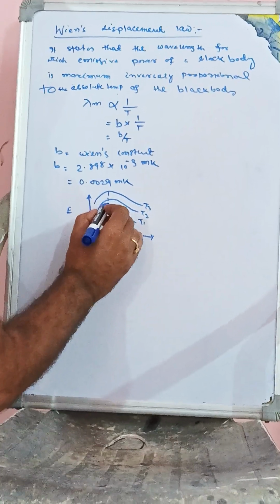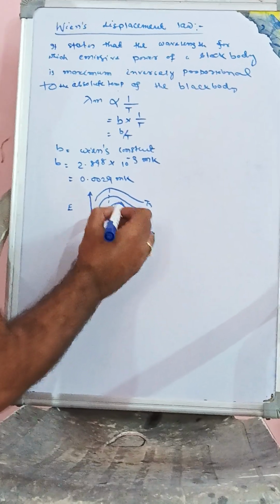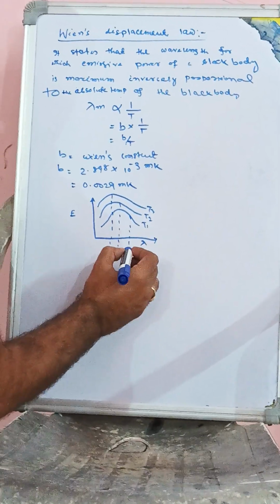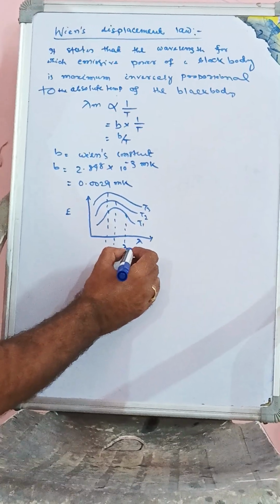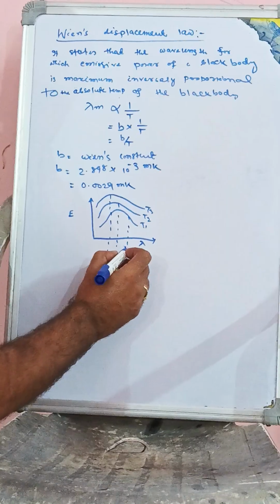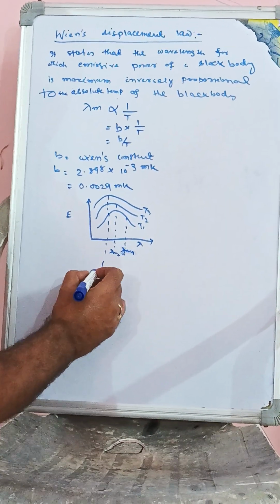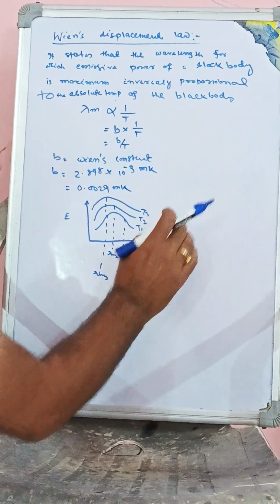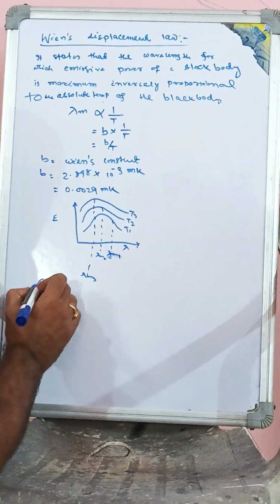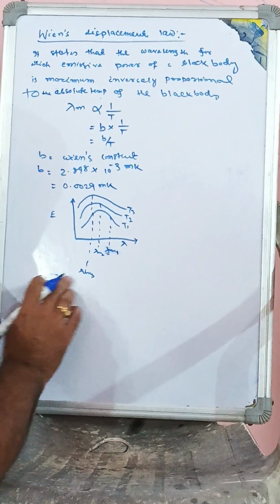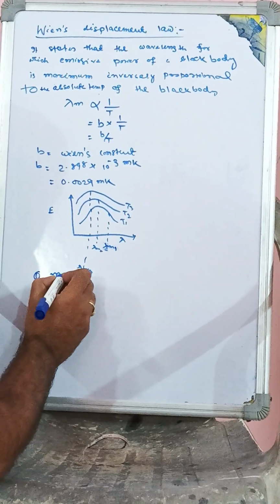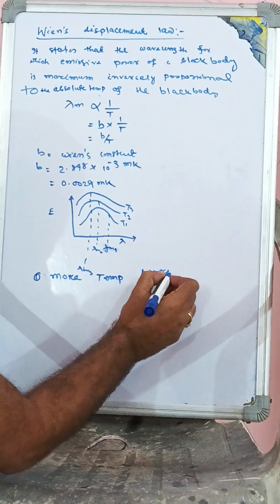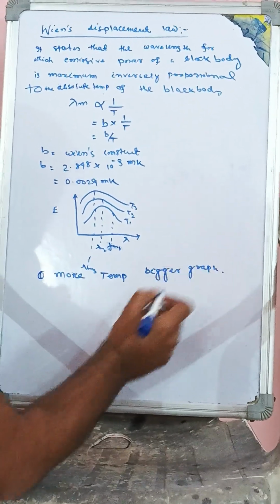Here the wavelengths are lambda m1, lambda m2 and lambda m3. If the temperature is more, the graph is bigger. As temperature increases, the graph gets bigger.